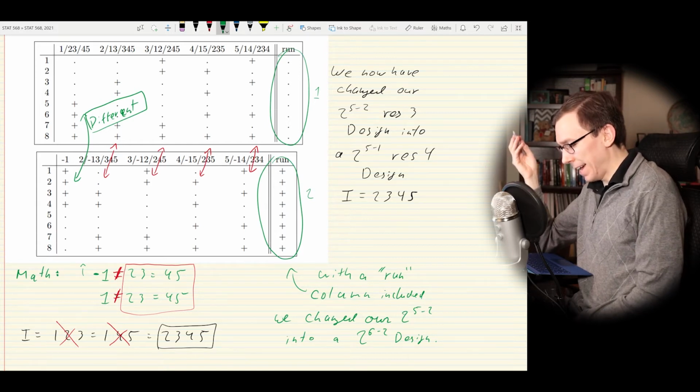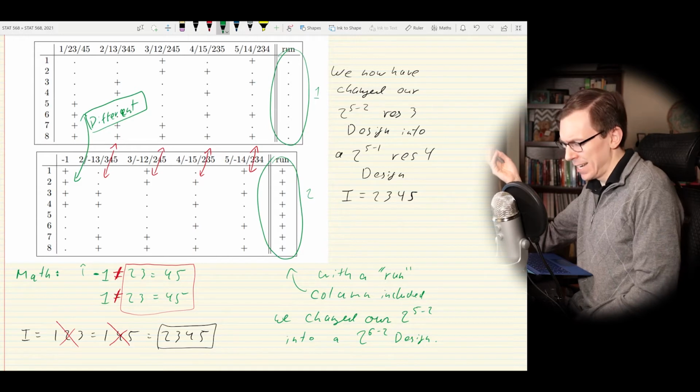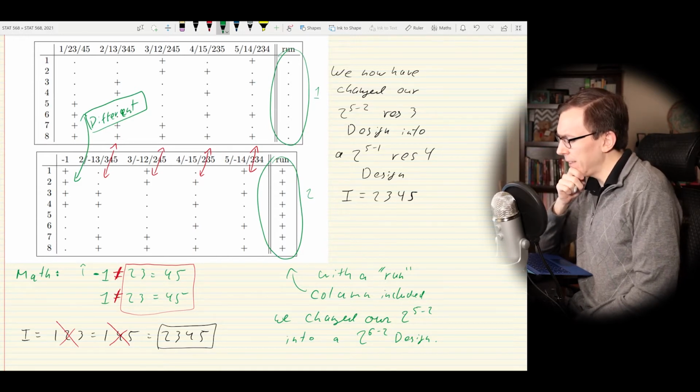And I guess we could go through and try to figure out what it's doing with respect to aliasing, though at this point, I think it would actually not be aliased with any of those other ones.